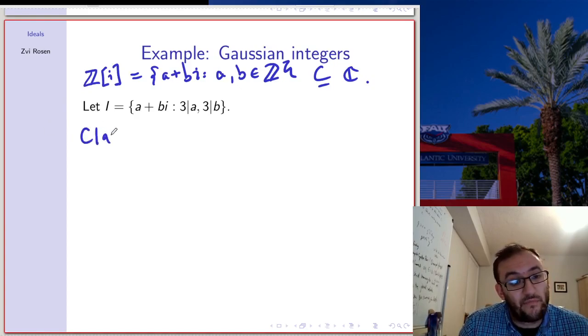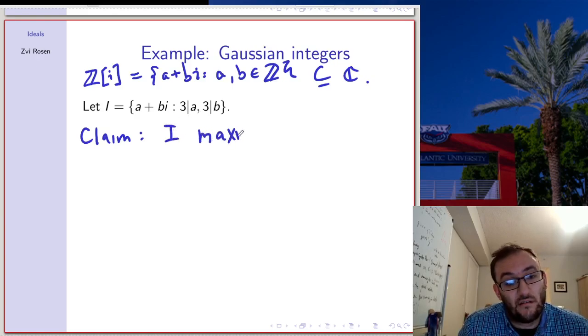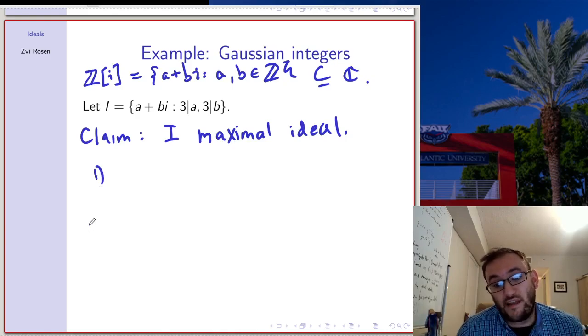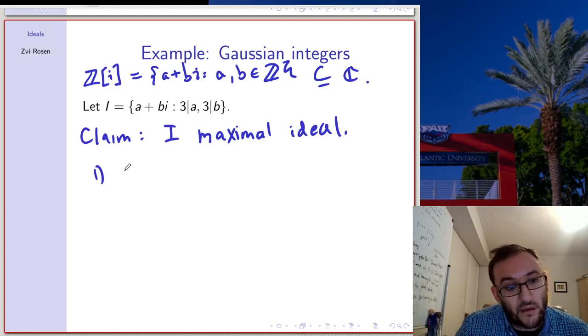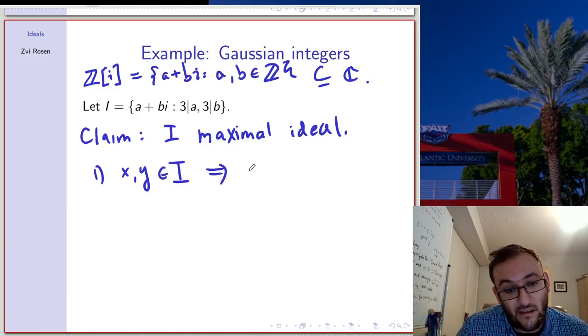Okay, so claim: I is a maximal ideal. So let's start by proving it's an ideal. In order to do that, we need to show it's an additive subgroup, and it has the property that whenever you multiply by anything, you get something back in the ideal. So if we take any x and y in I, we want to show that x minus y is in the ideal.